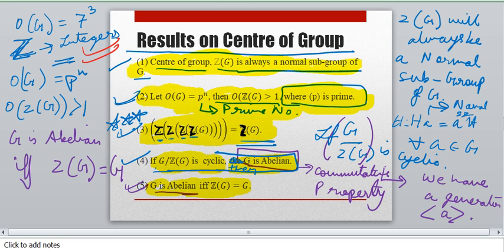So this means the center of the center of G is equal to just the center of G, and this also is the center of G. If G divided by the center of G is cyclic, then G is abelian. This is also the center of G: if the center of G is equal to G, the group G will be abelian. So please make some changes.